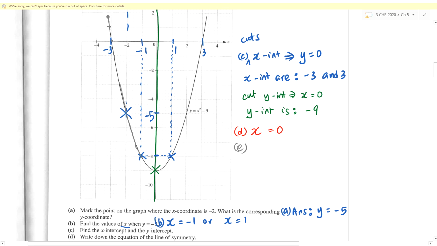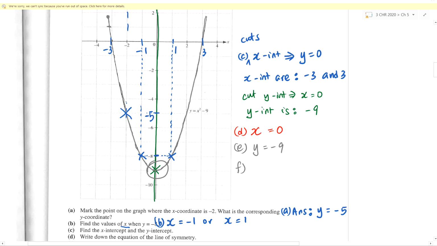The y value is -8 now. The y value now is -9. Is that the lowest? Is that the smallest y value? Yes, it is. Y equals -9. Because as we continue, we see now that the y value starts to increase. It starts to get bigger and bigger. So in part E, when it asks for the minimum value of y, it has to do with the minimum point.